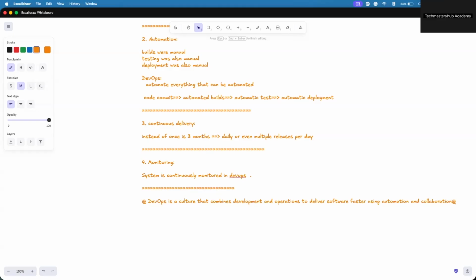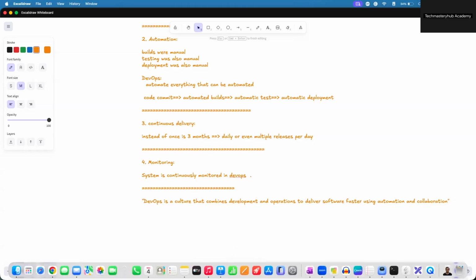So this is the real definition of DevOps. So remember, DevOps is not just a tool. It's a complete transformation in how teams work.